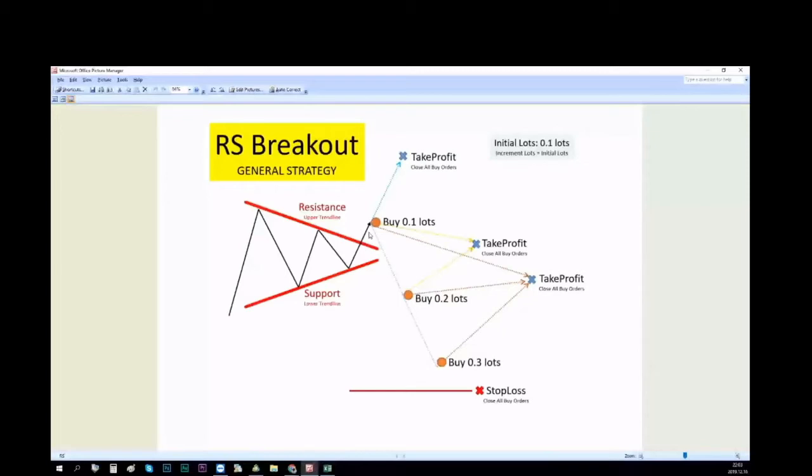And if the price goes higher than our entry price, we take profit. But if it goes against us, we add some new orders. It's like a grid system.